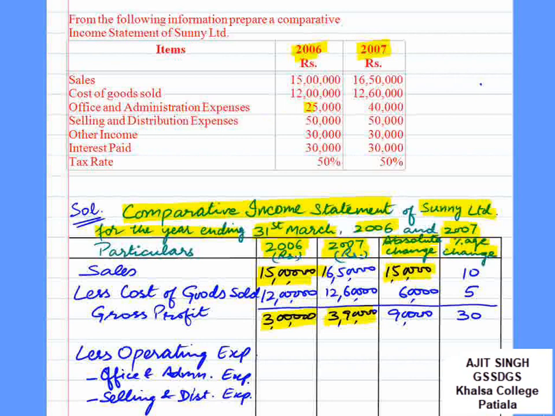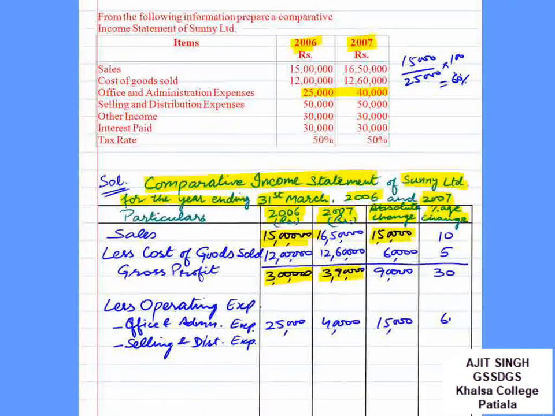Office and administrative expenses are 25,000 and 40,000 respectively for the year 2006 and 7, and the change comes to be 15,000, and the change is 15,000 divided by 25,000 into 100. It comes to be 60%.